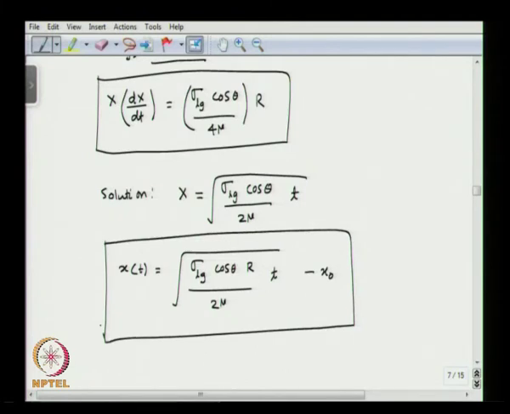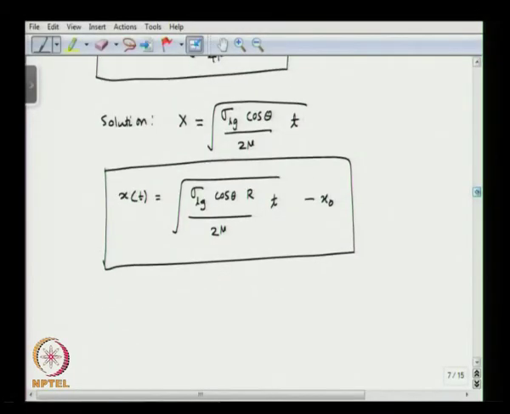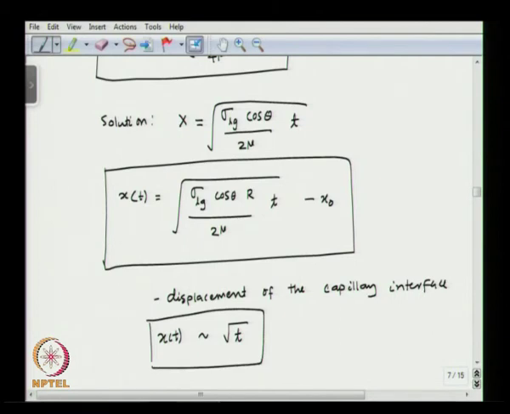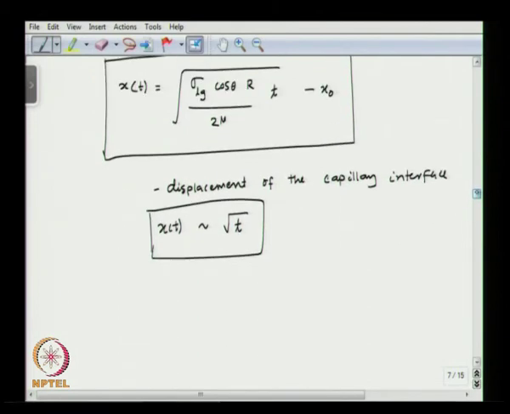So, what we see here is at the beginning of the filling process the displacement of the capillary interface varies as square root of t.